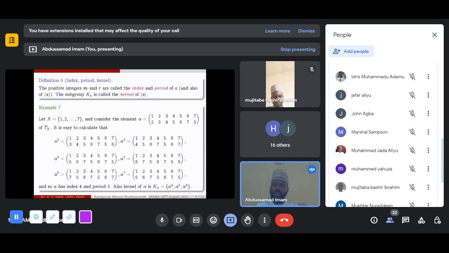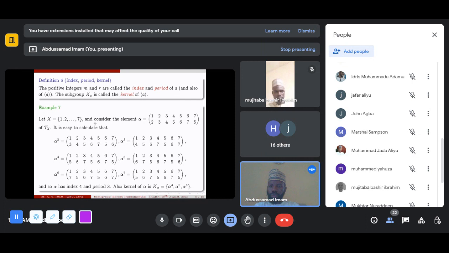So m is called the index, and r is called the period of the element, and also of the subsemigroup generated by the element. And then the subgroup contained in the cycle, the subgroup Ka, is called the kernel of the monogenic subsemigroup.